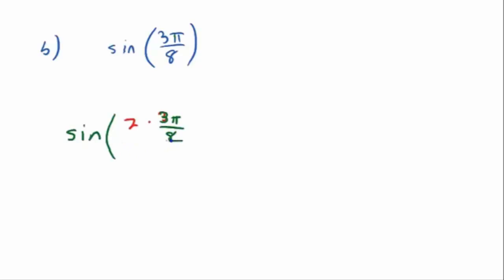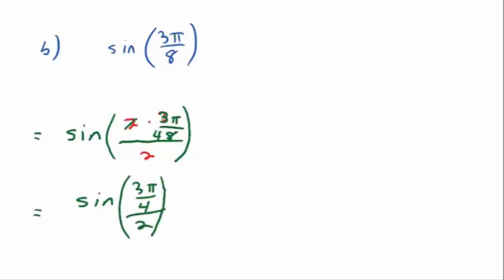And then I'm going to divide by 2 to compensate. The thing is, if I simplify now the numerator, it becomes 3 pi over 4. 2/8 reduces to 1/4. And so I end up with getting the sine of a half angle, 3 pi over 4 divided by 2.